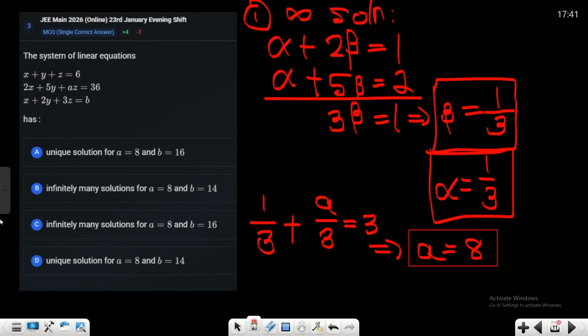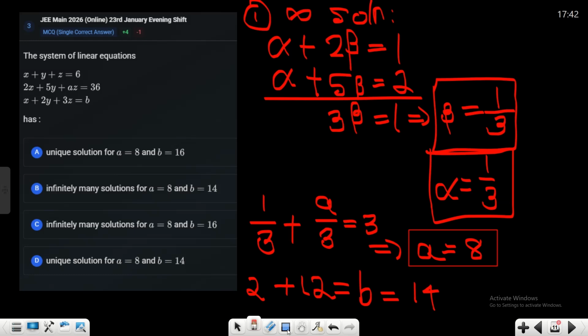Now if you look at the options, option B says that, and option C also says that. Option A is also saying and D is also saying. Let us see whether A and D are right or wrong using the last one. If I frame an equation with these three numbers, 6 into alpha, which is 2, plus 36 into beta, which is 12, should be equal to b, and this is 14.